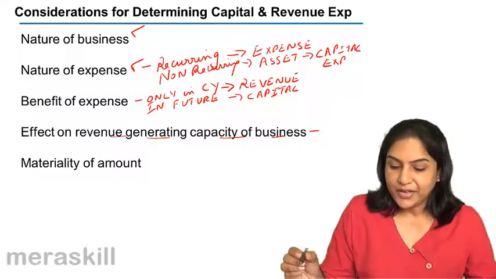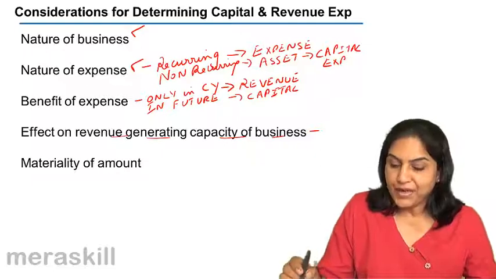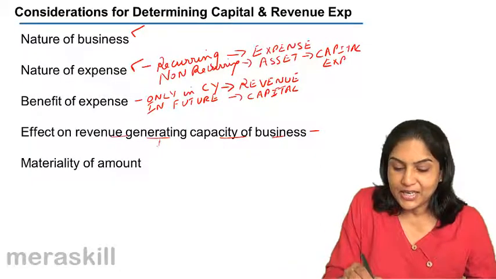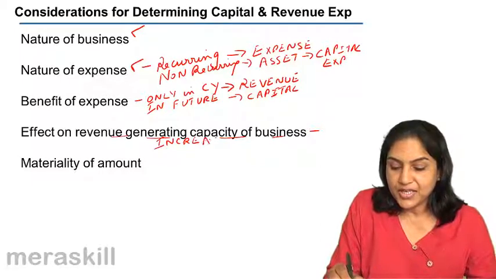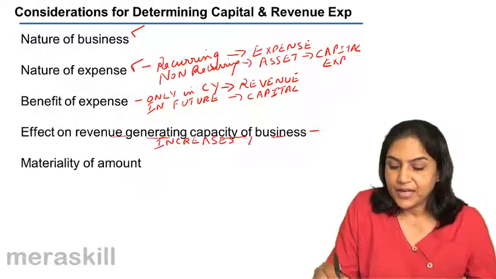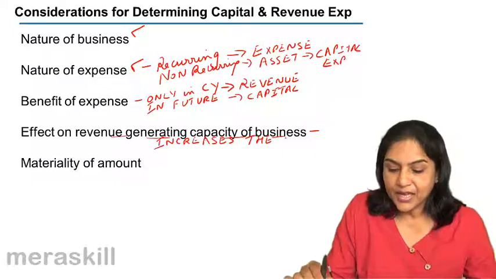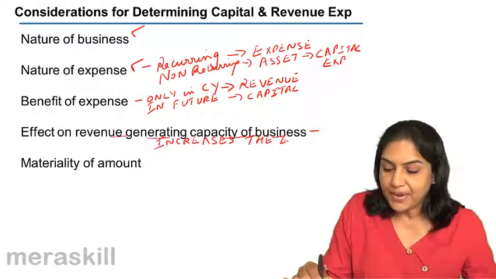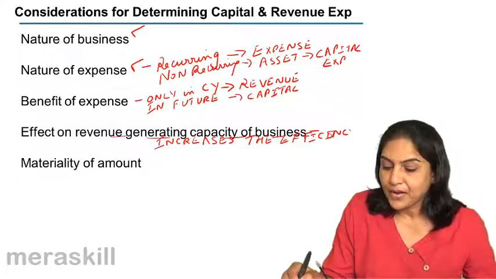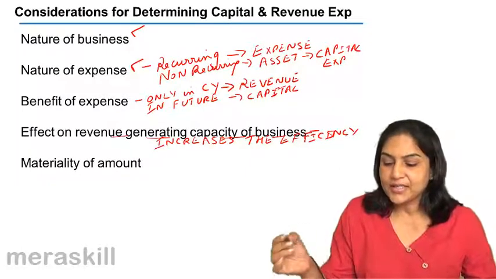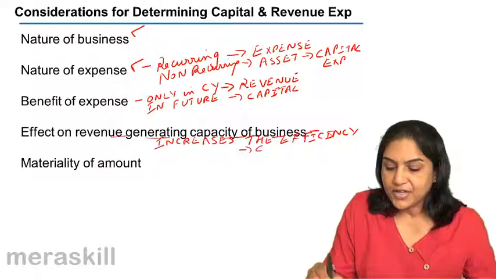So effect on the revenue generating capacity: if it increases the efficiency, increases the productivity, the revenue generating capacity of the asset, then it is called a capital expenditure.